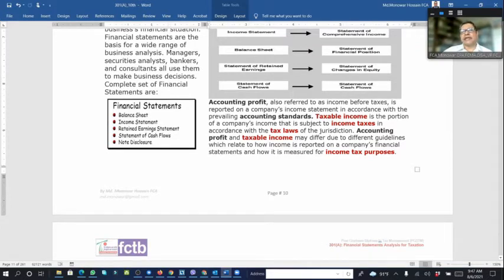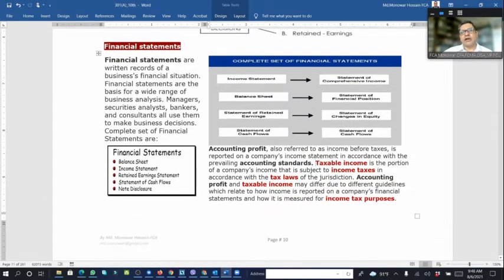Taxable income is the proportion of the company's income that is subject to income tax according to the tax law of the jurisdiction, and accounting profit and taxable income may differ due to different guidelines. So we'll see why accounting profit and tax profit differ, and that is why deferred tax comes, which we will calculate later on.